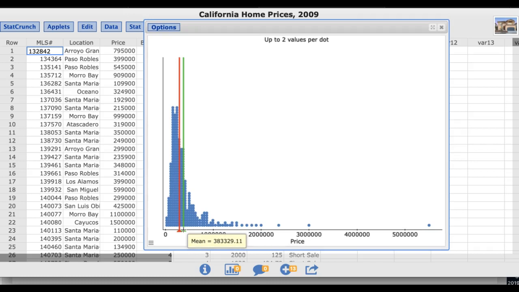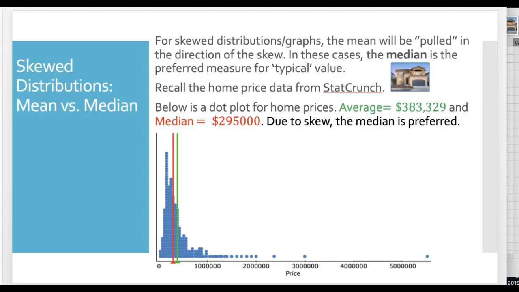If I'm trying to convince people to come and buy homes in my area, we're definitely going to be reporting the median, and plus it's a much better measure of center here, a much better measure of the typical home price in this area. Home price is always summarized with the median.